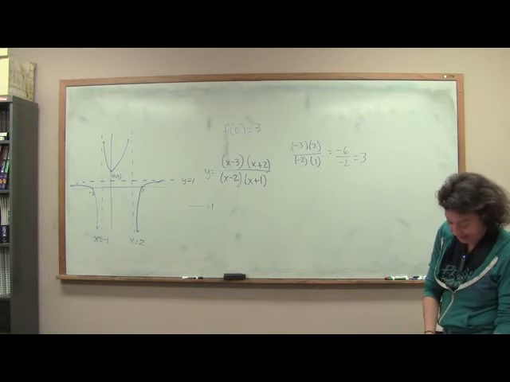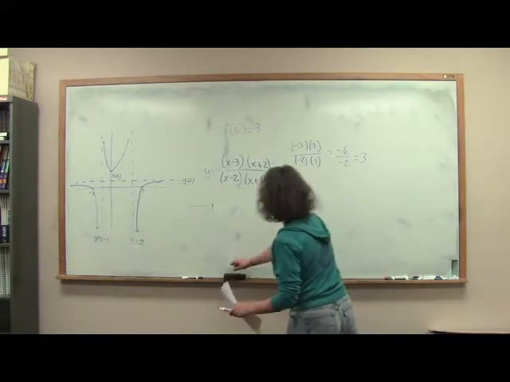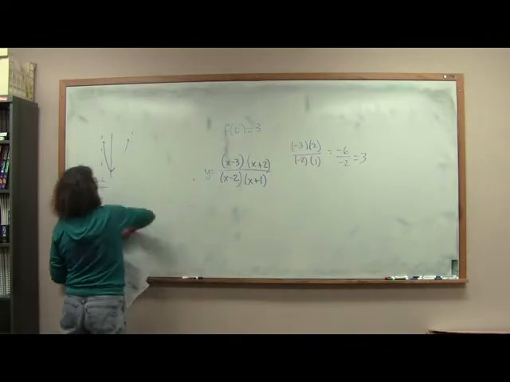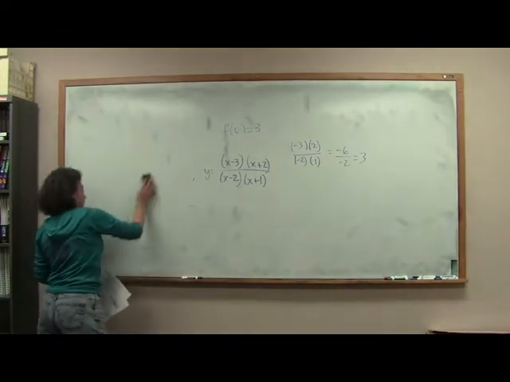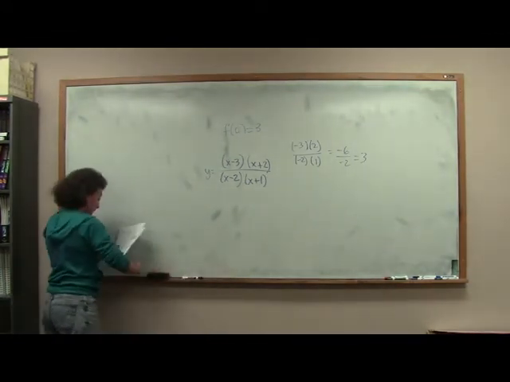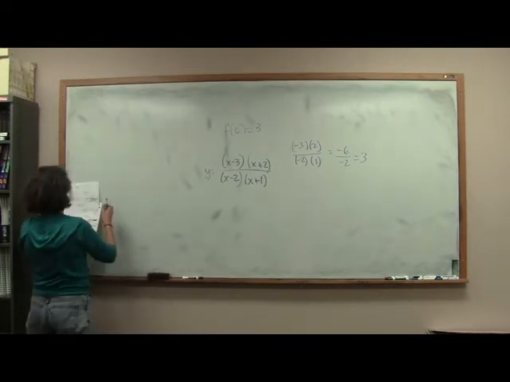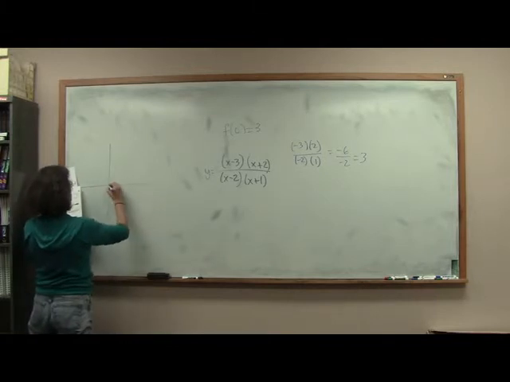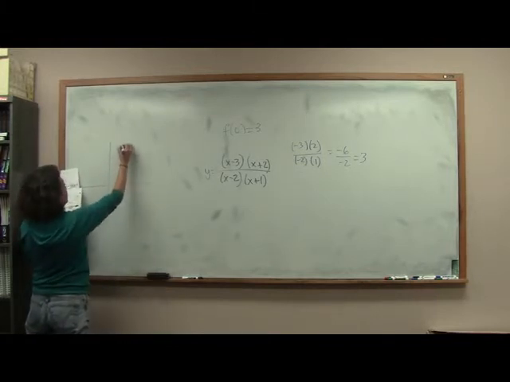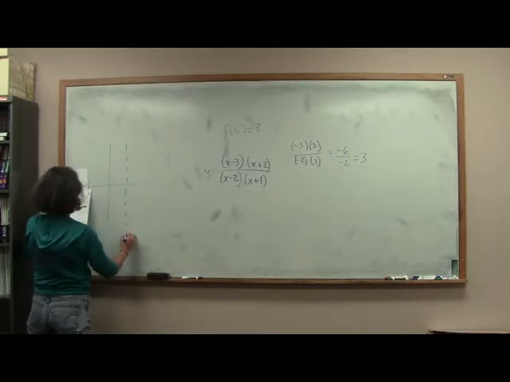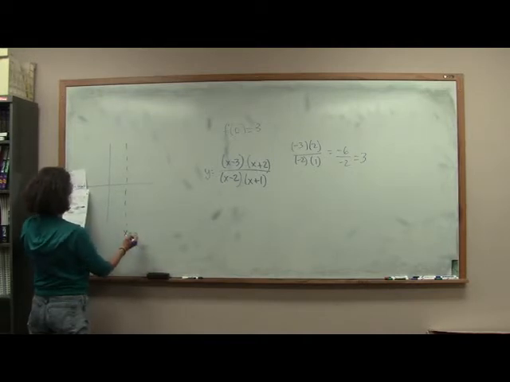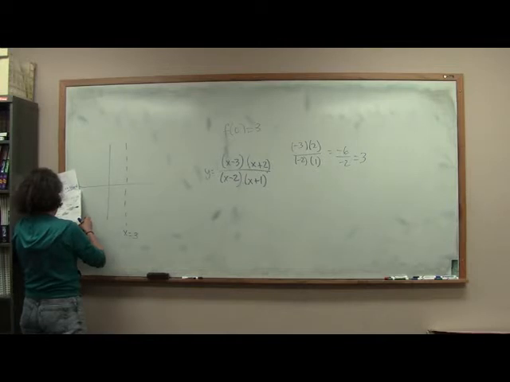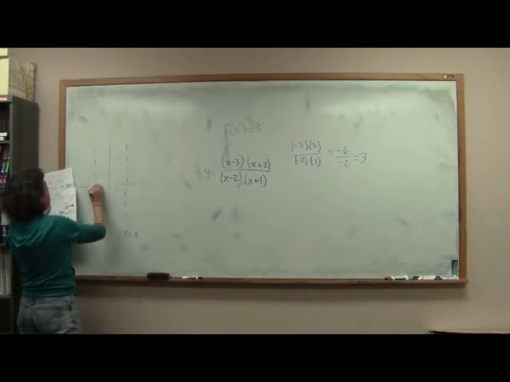All right, let's take another example. Now our graph is going to look like this. We are going to have a vertical asymptote at 3 and at -2.